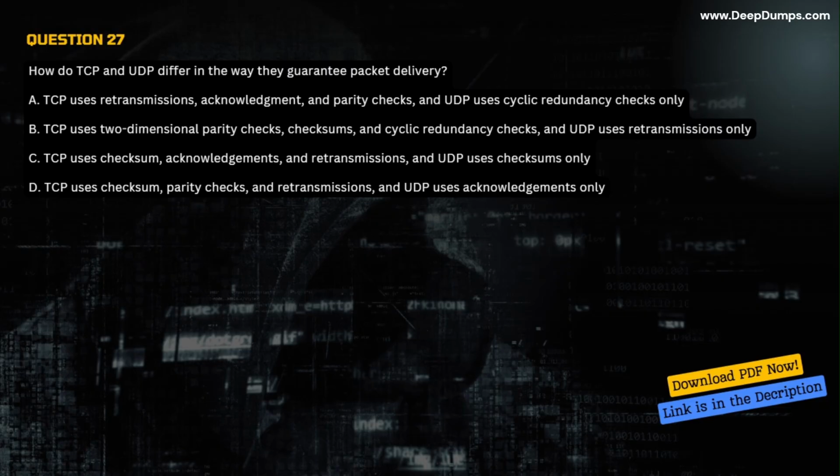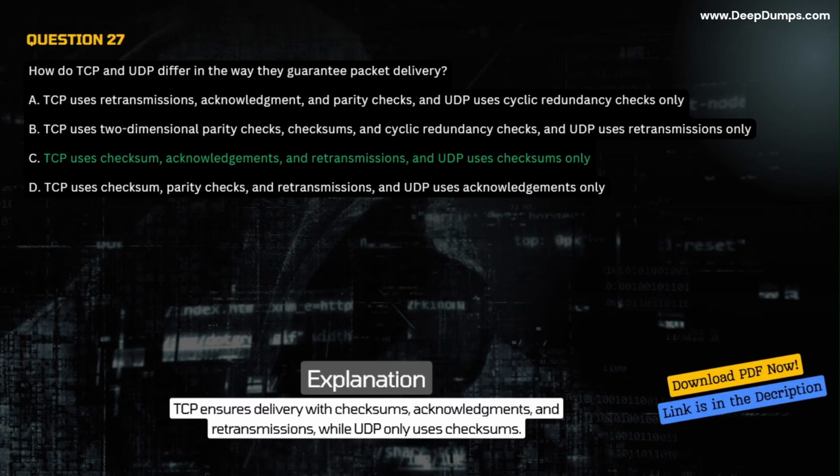D. TCP uses checksum, parity checks, and retransmissions, and UDP uses acknowledgements only. Correct answer, C. Explanation: TCP ensures delivery with checksums, acknowledgements, and retransmissions, while UDP only uses checksums.